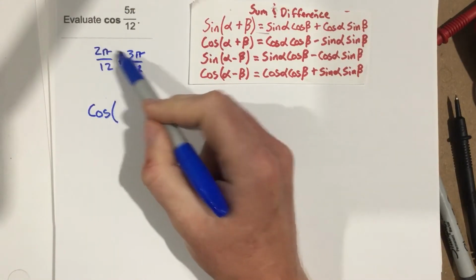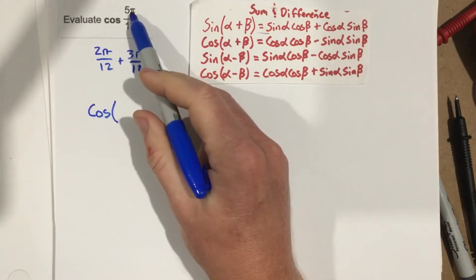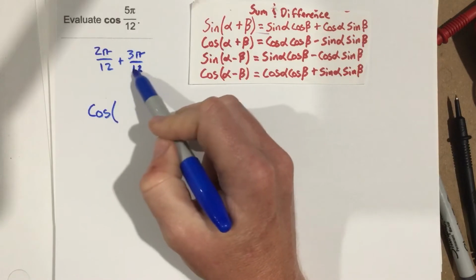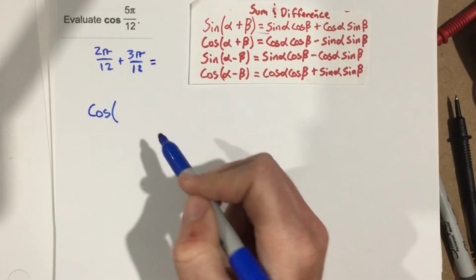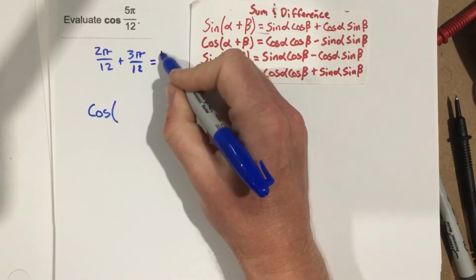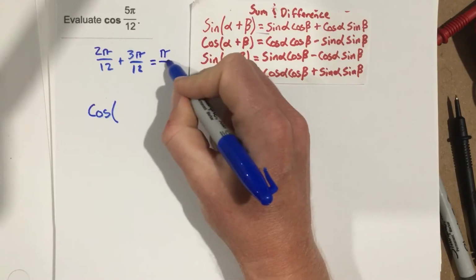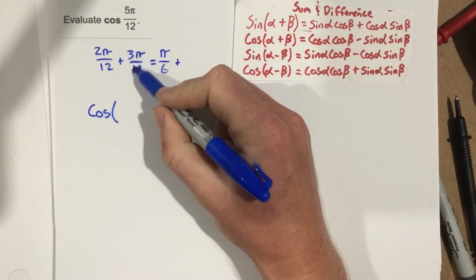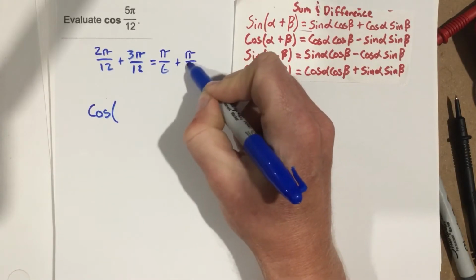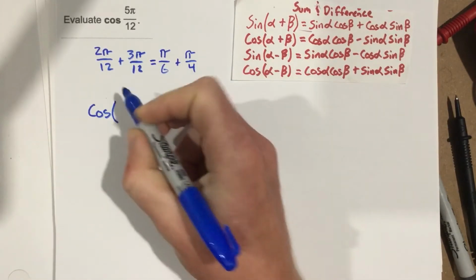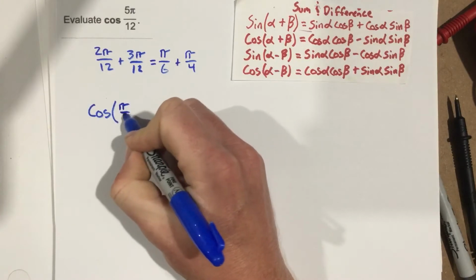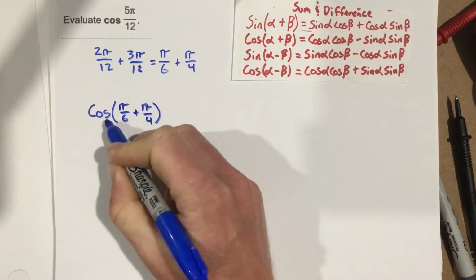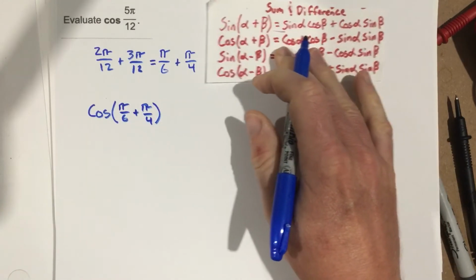So whatever numbers I use, like 2 pi and 3 pi is obviously 5 pi, whatever numbers I pick, they have to be divisible by 12. So that would then reduce to pi over 6 plus pi over 4. So now I can say pi over 6 plus pi over 4 inside this cosine.